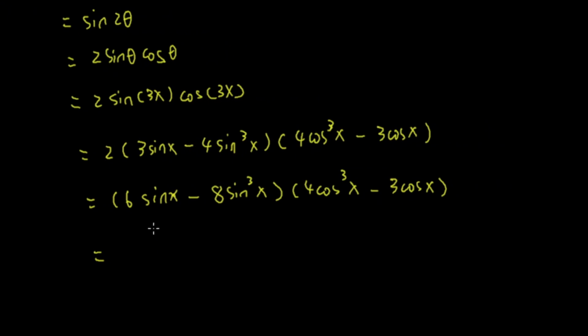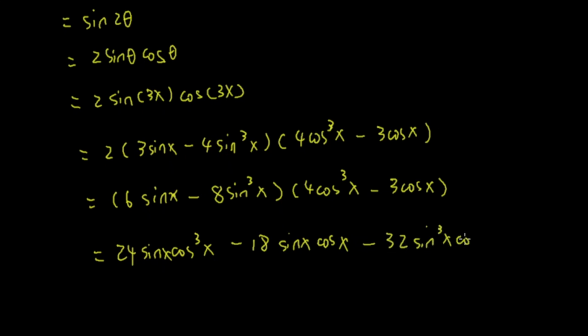Okay, so 6 sin x times 4 cosine cube x is 24 sin x cosine cube x. This times this will be minus 18 sin x cosine x. This times this will be minus 32 sin cube x cosine cube x.